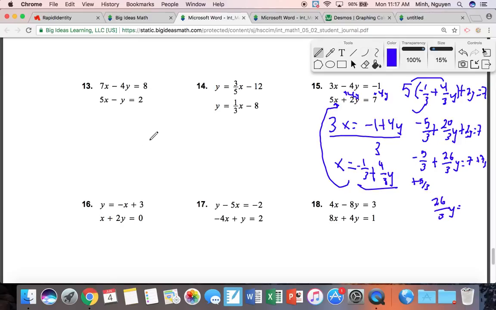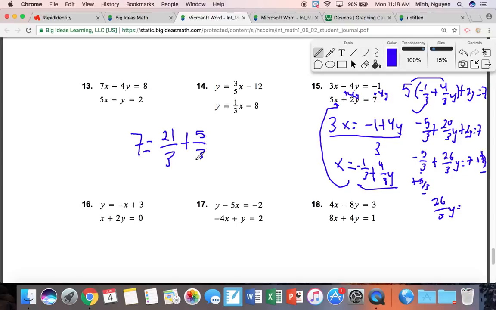So let's see. If I have 7, and my fraction is thirds, that is equal to 21 over 3, because 21 divided by 3 is 7. I also have to add 5/3 to both sides, plus 5/3. Pretend I actually wrote that neatly.